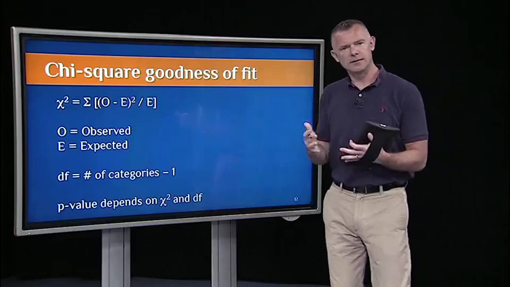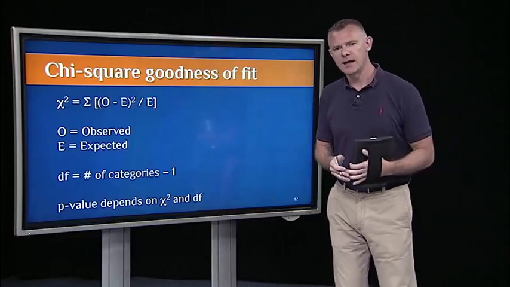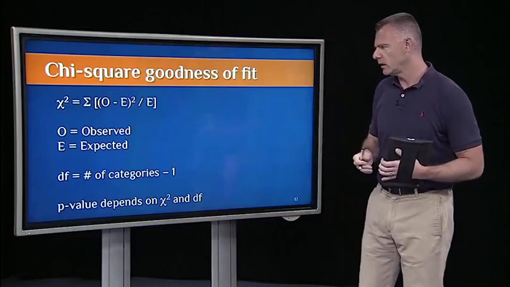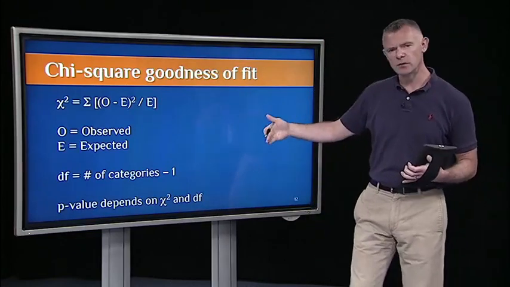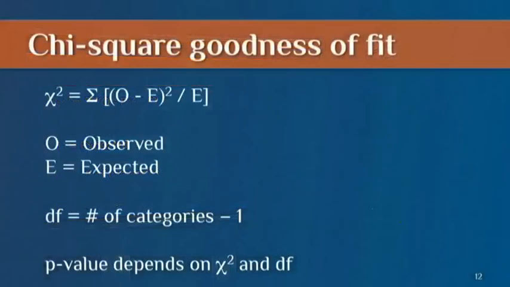A lot like all the other test statistics that we've covered in this course, we look at the observed proportions relative to the expected proportions under the assumption that the null hypothesis is true. So we'll look at those numbers. Degrees of freedom in the chi-square test of goodness of fit is number of categories minus 1.